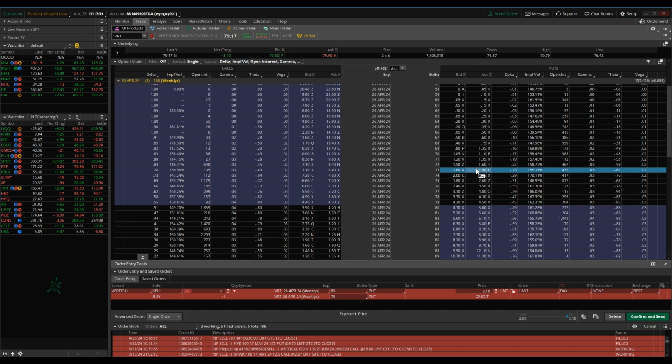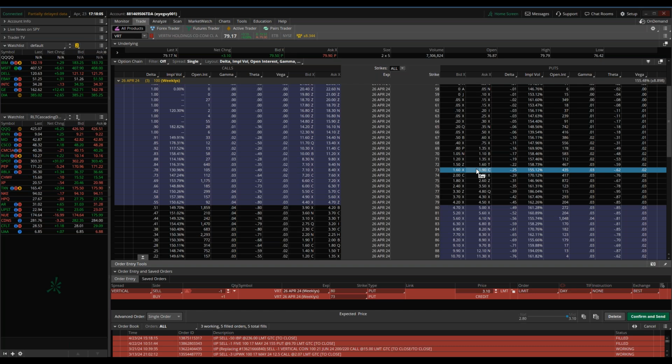I mean, 30 cents on a trade that's this cheap is a pretty big spread. So it doesn't have a lot of volume, and you can understand why. It's very short dated. First of all, it's a put, and the underlying is definitely in a bullish mode, so there are going to be fewer traders trading puts.